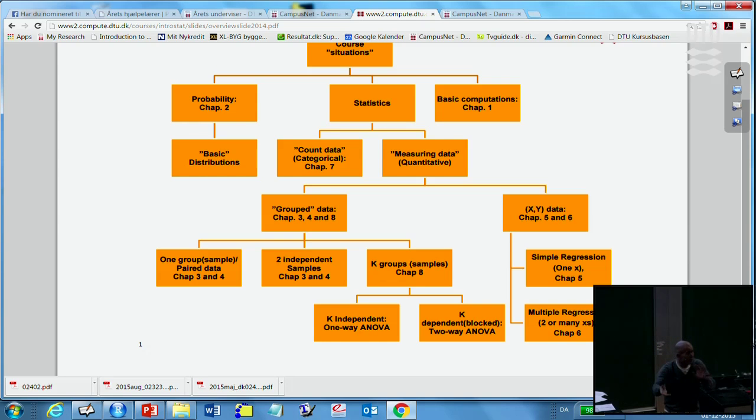Regression type is where we have both x and y, and sometimes multiple x's. That's the simple and multiple regression thing. There are 2 different things in play, x and y. Keep an eye out for that. Or we have all the rest, the grouped data, including the single group case that we started out with, right? So, the grouped data here.